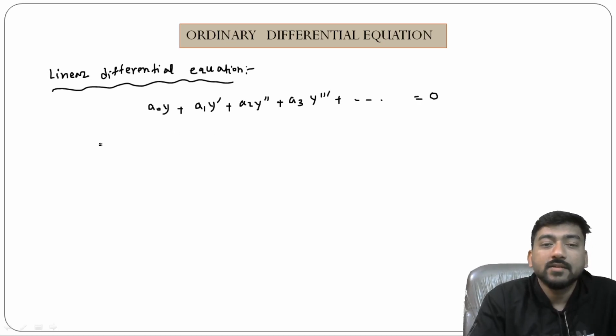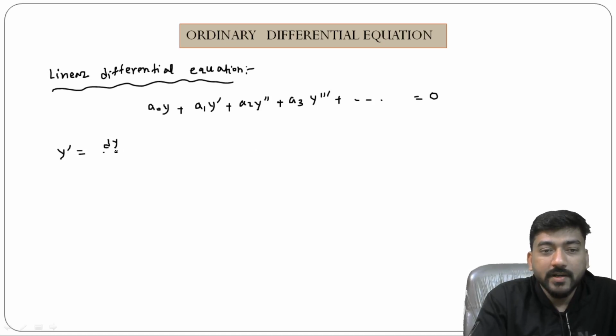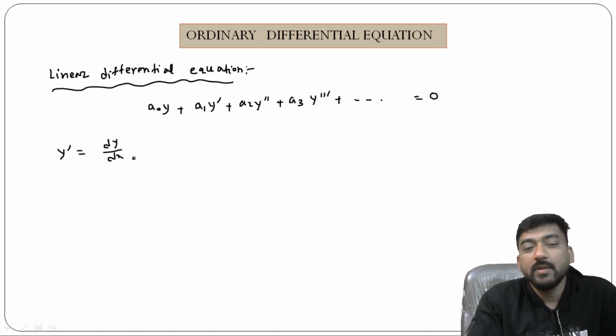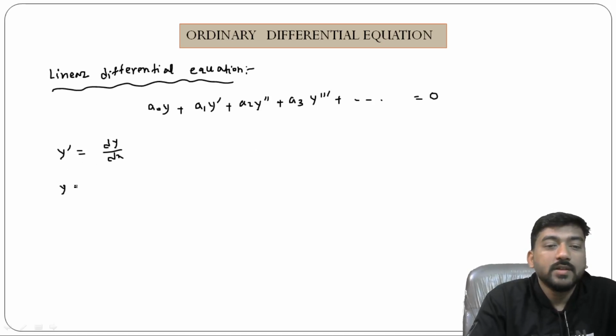Here y dash means dy by dx, and y double dash means the second order derivative with respect to x.